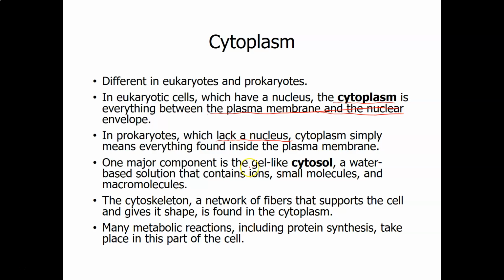It's not liquidy like water, it's more of a gel. But the gel-like substance is called cytosol. That cytosol is a mixture, a solution that contains ions, small molecules, and large molecules. So the cytosol is the liquid portion, and the cytoplasm is the liquid portion plus the organelles.